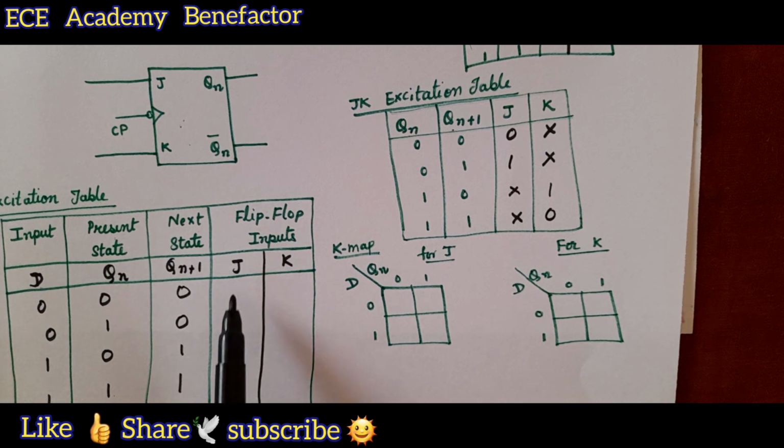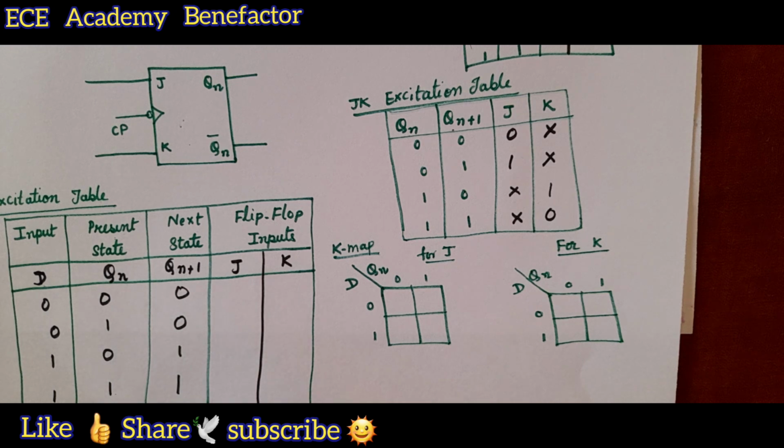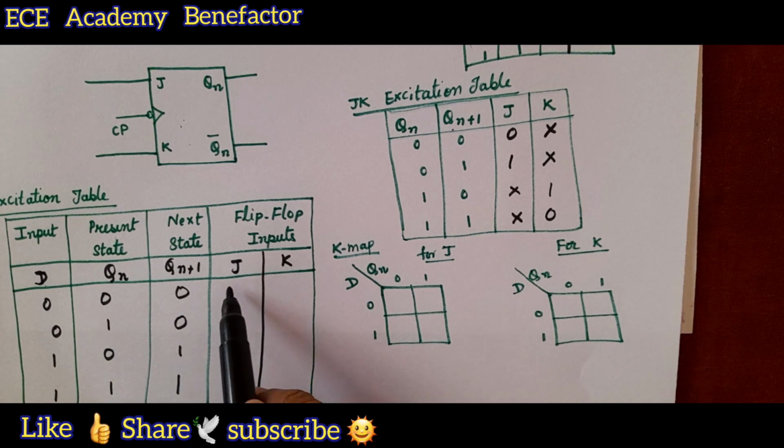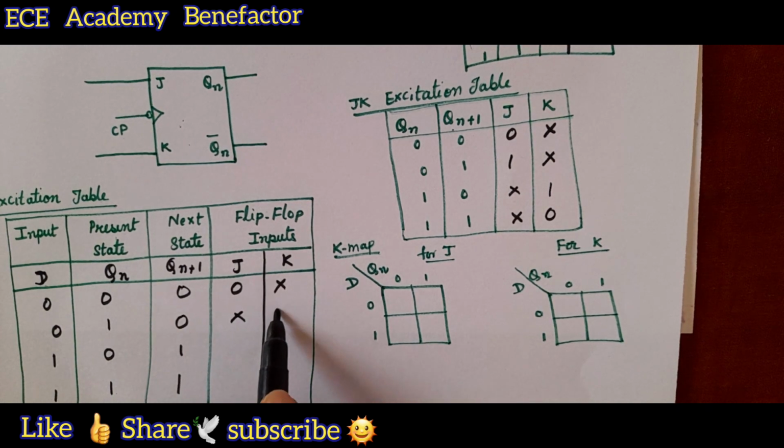So, now to fill these last 2 columns, we should fill this excitation table here. For 0 0, it is 0 x. For 1 0, it is x 1. For 0 1, 1 x.